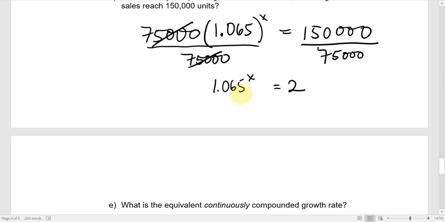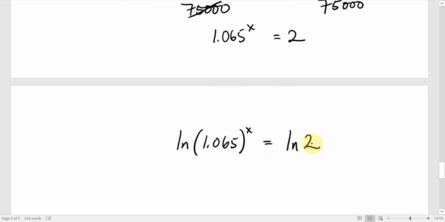So you could take the log base 10 or the ln, because it doesn't really matter what base we use. So let's just take ln. We're doing the natural log of both sides. It's the property of the ln that allows us to put the x in front. So it looks like this.